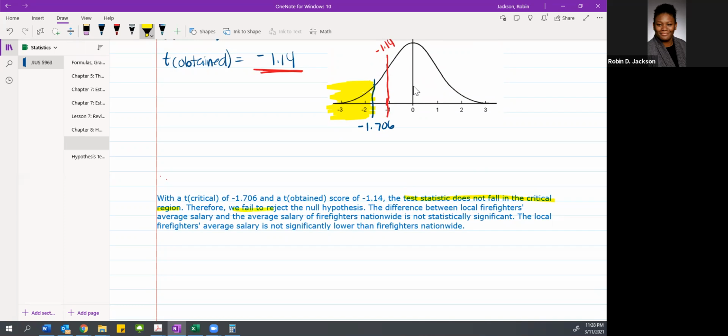Therefore, we fail to reject the null hypothesis, because the null hypothesis is saying there's no difference between these two groups. So the difference between local firefighters' average salary and the average salary of firefighters nationwide is not statistically significant. The firefighters' average salary is not significantly lower than firefighters nationwide. There's no difference between them. That's essentially what that's saying.